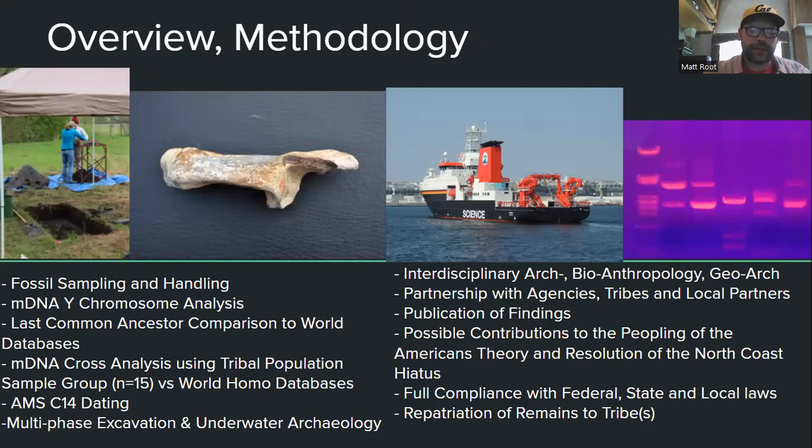The methodologies include mitochondrial DNA sampling, Y chromosome allele mutation plotting to find the last common ancestor, and then cross analysis to the living native community population group, and then repatriation possibly of any remains that are recovered during the course of this field work and later analysis.